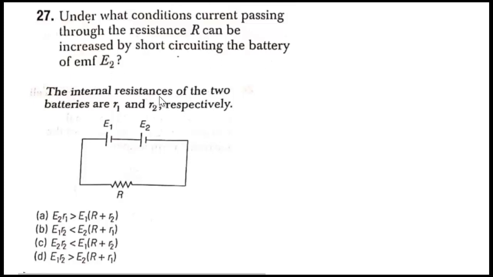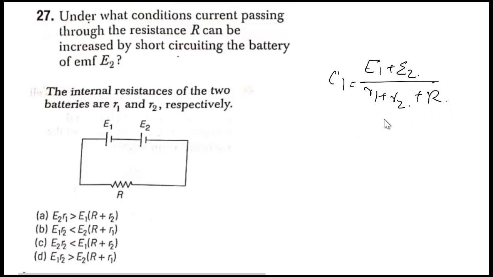The internal resistance is also given. So what will be the current in the first one? How can we find out? See, positive, negative, positive, negative. Therefore, we can add these two EMFs. E1 plus E2 divided by R1 plus R2, the internal resistances, and effective resistance will be R.